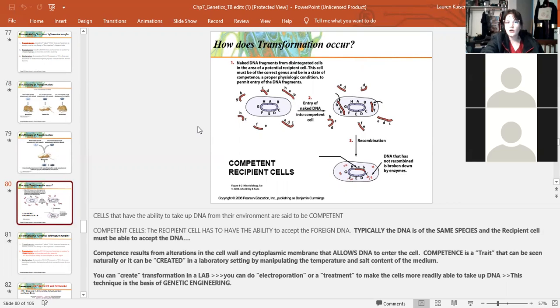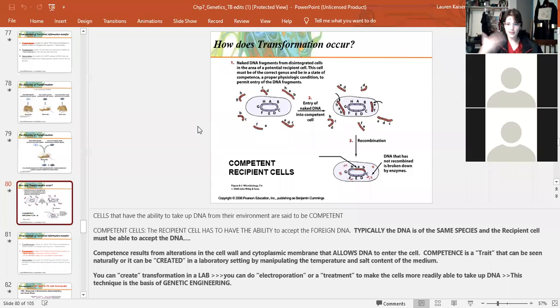So when we did our transformation lab, right, we took naked DNA, we made a cell competent, and we mixed the 2 together so that we would have competent recipient cells with the DNA, and it would actively divide and recreate and produce the genetic engineering product that we wanted, right?